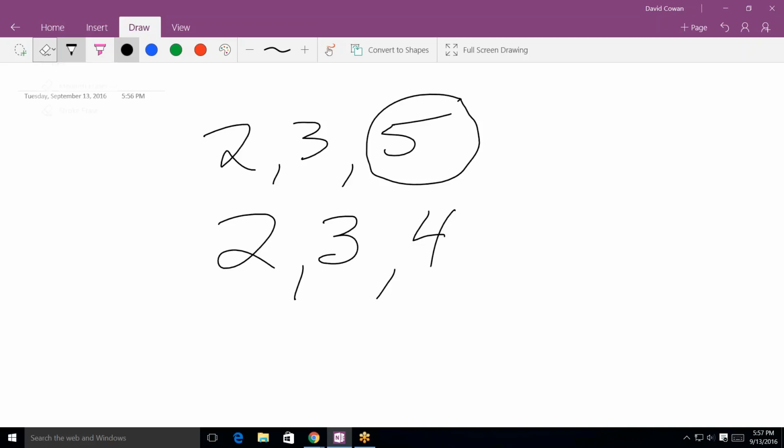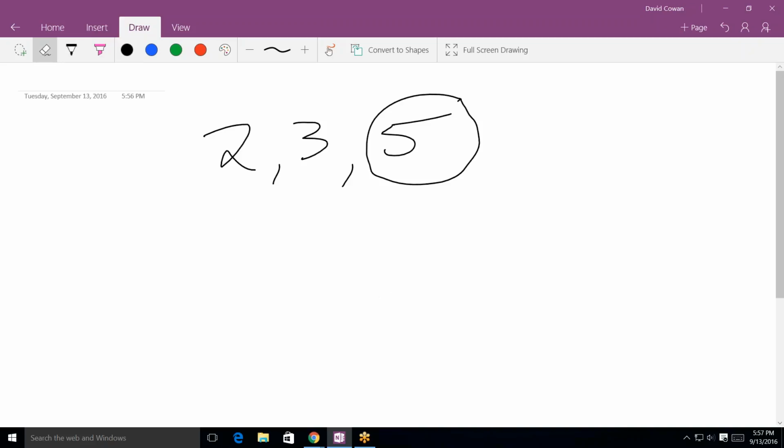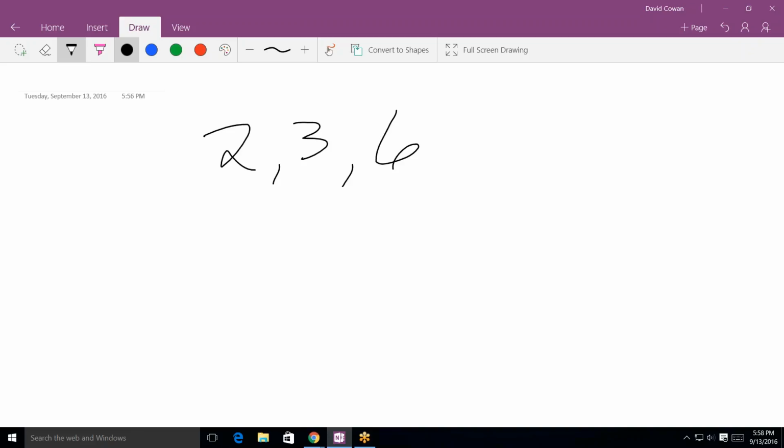Notice in the first triangle, not only is 5 not less than 5, but 2 is not greater than 2, and 3 is not greater than 3. So there isn't a single side of this triangle that fits both parts of that theorem. And that's also not a triangle. You cannot have that triangle because 6 is not less than 2 plus 3.